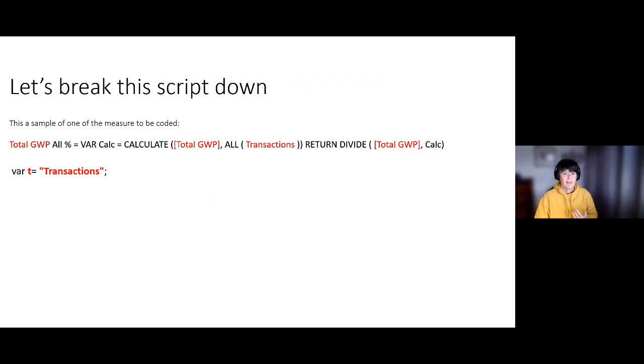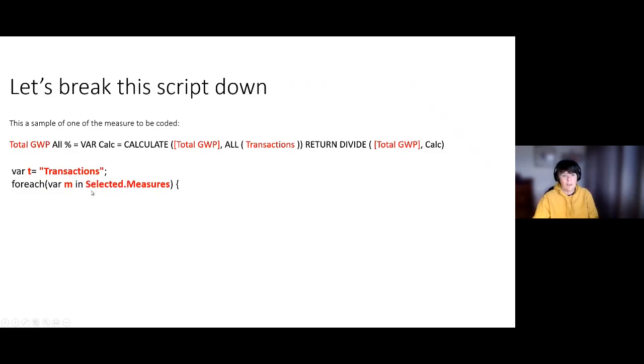So first off, we're going to do our variables. We've got a table here, and the table is transactions, right? So we want to let it know that we can simplify the code just by using T instead of transactions. And what else have we got? Right, we've got another variable.